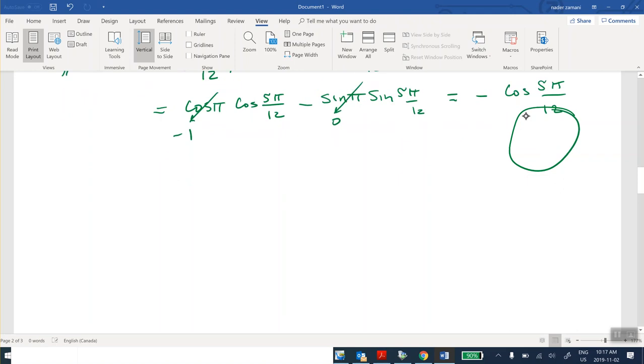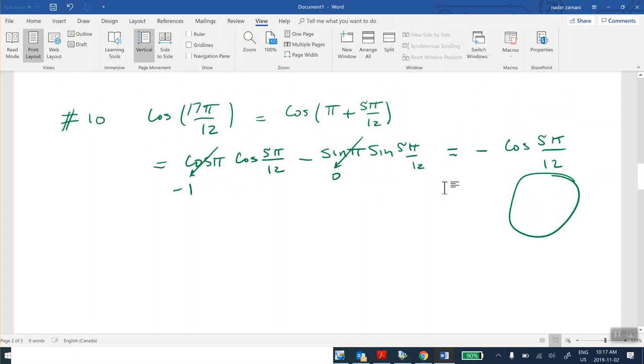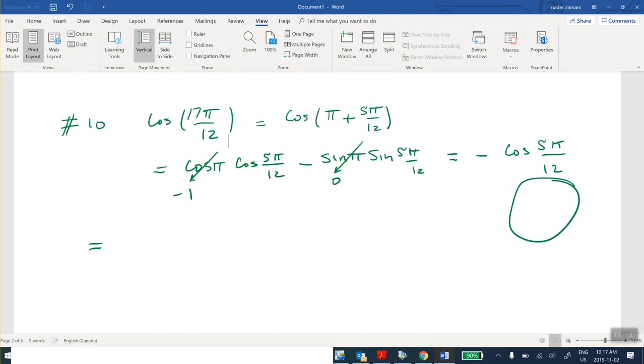Now you have to do something with that guy. So what I'm going to do is write it as cosine. Now, notice that for 5 pi over 12, it's easier for me to think in terms of degrees. Pi over 12 is 15. 5 pi over 12 is going to be 75. So I'm going to write this 75 degrees as pi over 6, that's 30, plus pi over 4, because otherwise it's not obvious how we should break this up.